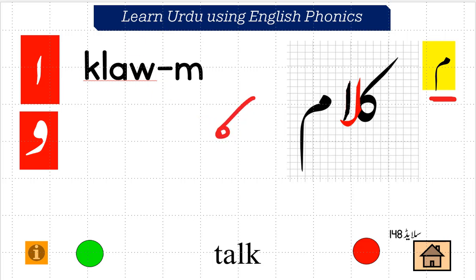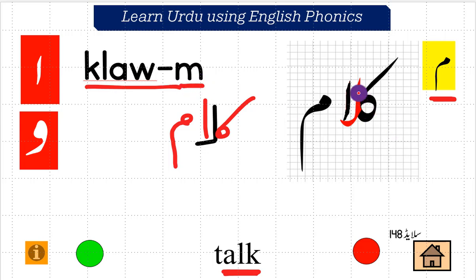That's k, l, ala, kala, kalam. I hope that it will be a bit clearer to you. Kalam means talk. In English we say talk, and that's the phonetic code kal, kalam. So this is joined with the l sound.